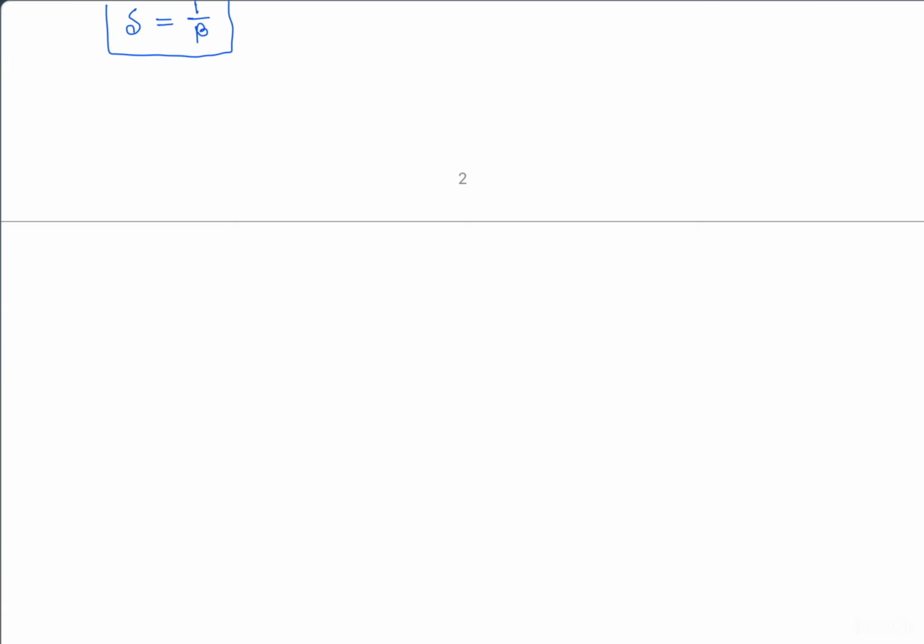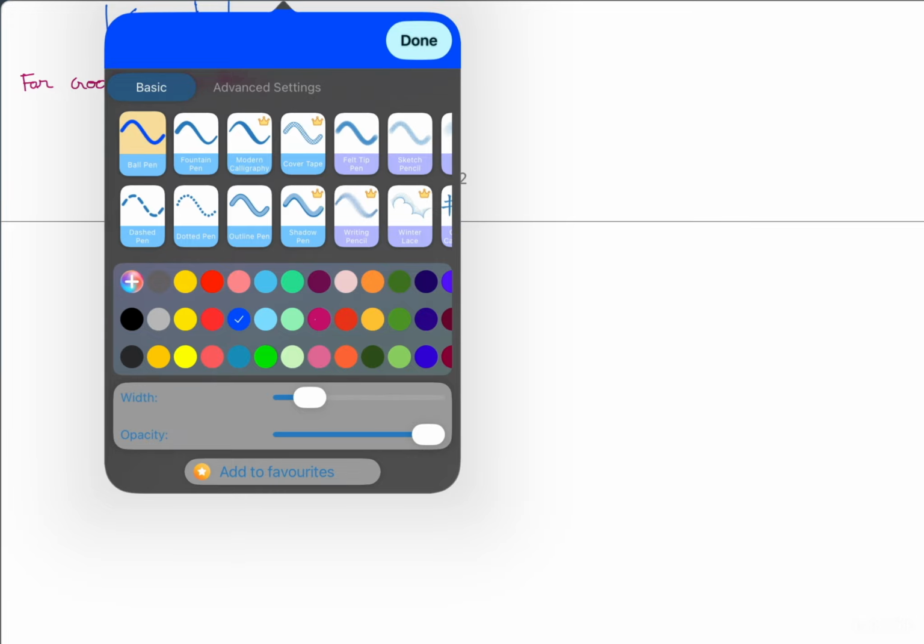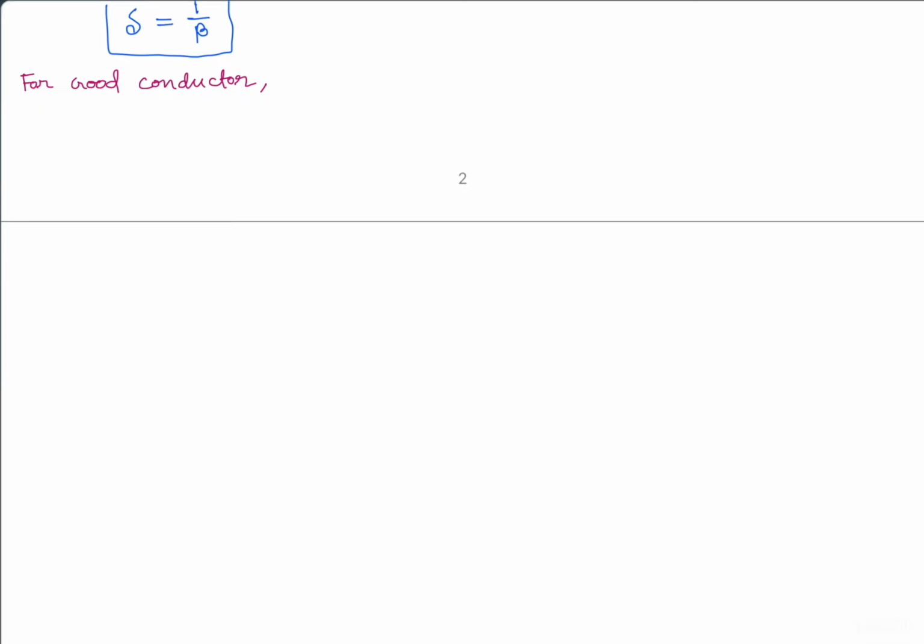Now we find the skin depth for a good conductor and bad conductor. For a good conductor, sigma by omega epsilon is much greater than 1.